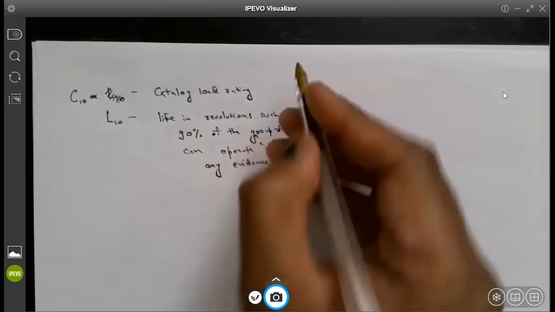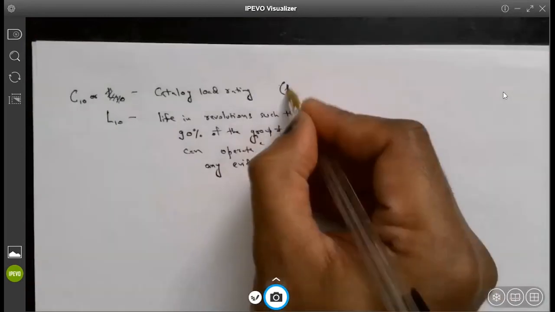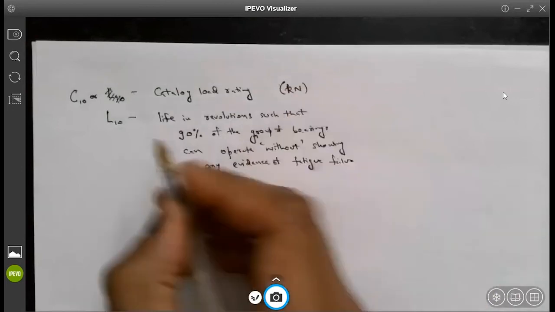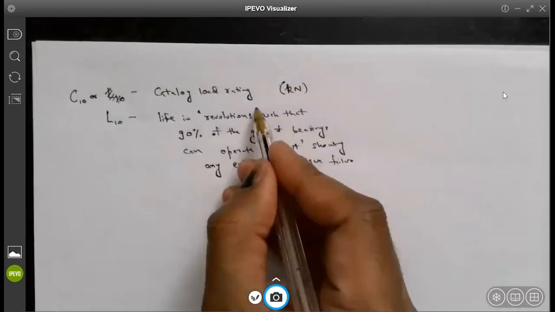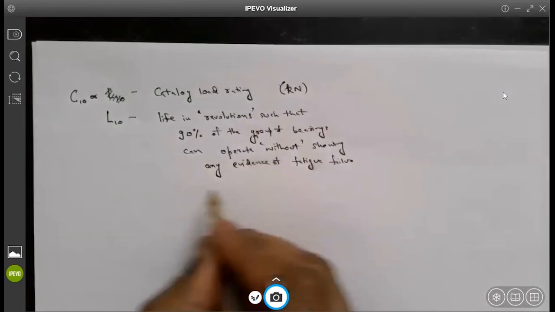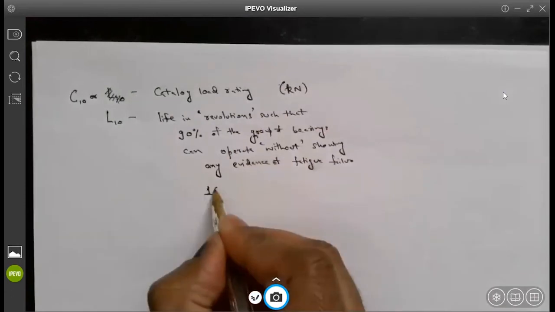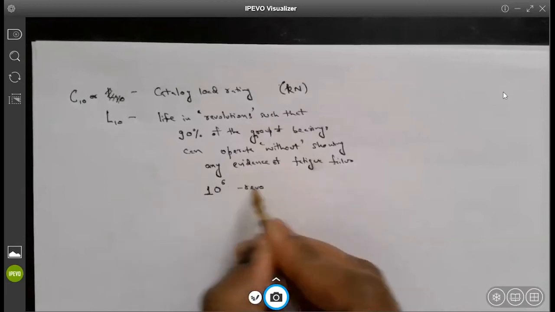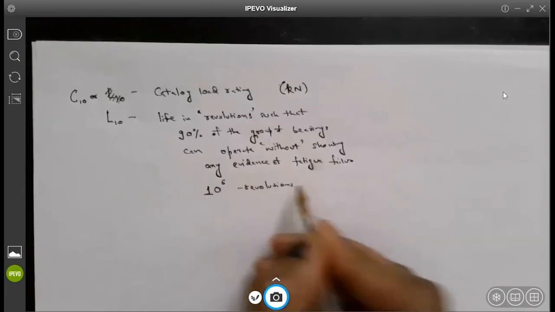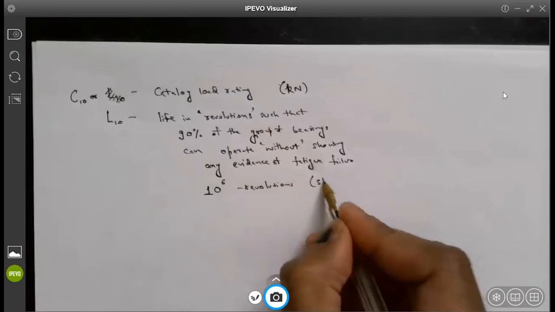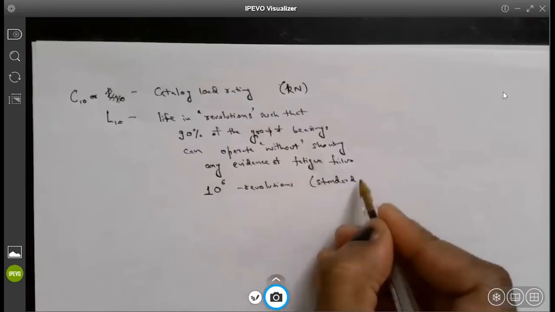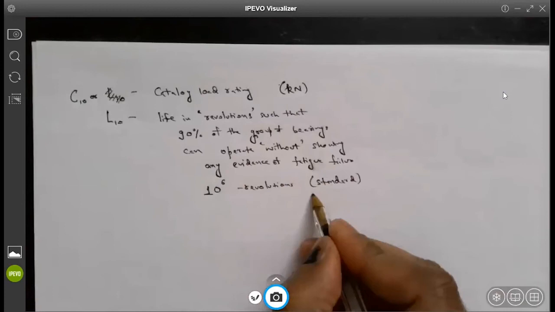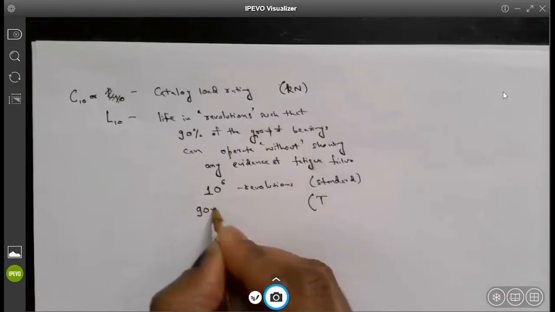So this is load ratings in kilonewtons, and this is in revolutions. Generally, the standard L10 life that manufacturer catalogs use is 10 raised to 6 million revolutions, a general standard, and for Timken bearings, the standard life is 90 million revolutions.